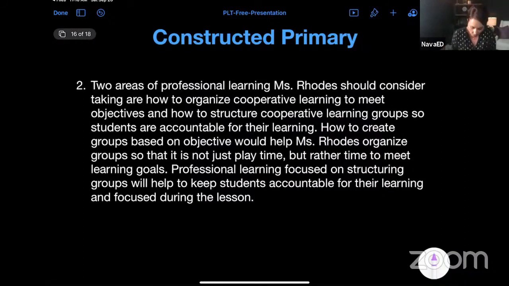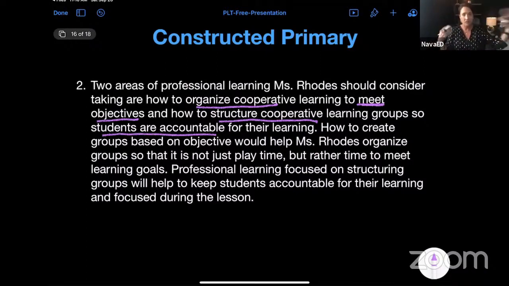So I have organize and structure, which are kind of the same thing, but one is going to meet objectives and the other one is going to hold students accountable, which will reduce that mushing the clay together and not doing what they're supposed to be doing. Now, is there a professional development session ready for this kind of thing? I don't know, perhaps, but make it up. It doesn't matter. Make up a professional learning opportunity.